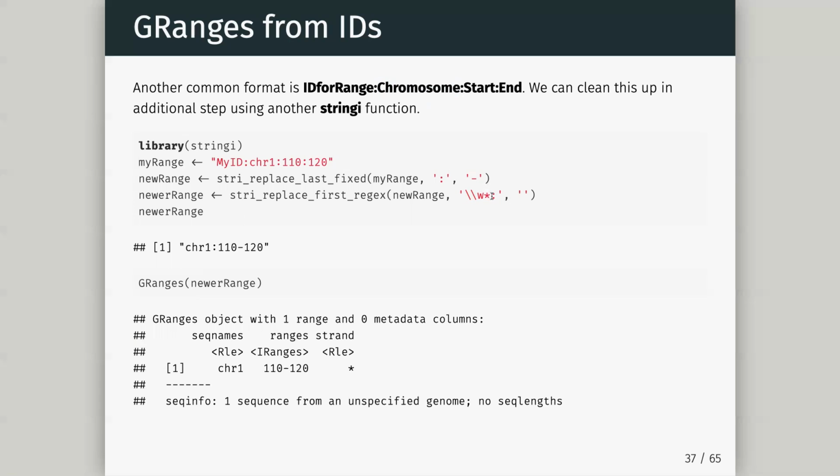So any number of characters followed by a colon. The first time it comes across that, it just removes it and replaces it with nothing. In this case, we get rid of the ID part. We already get rid of the colon at the end to make that a dash. And now we have something we can make into a GRanges. You only really care about that if you're getting data from it.